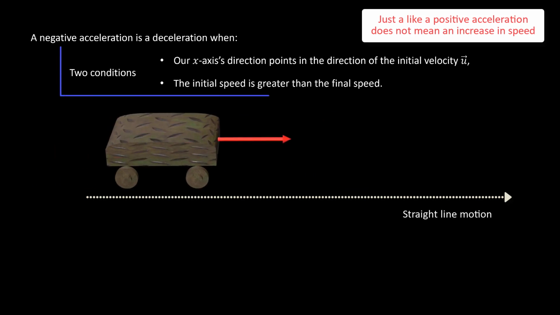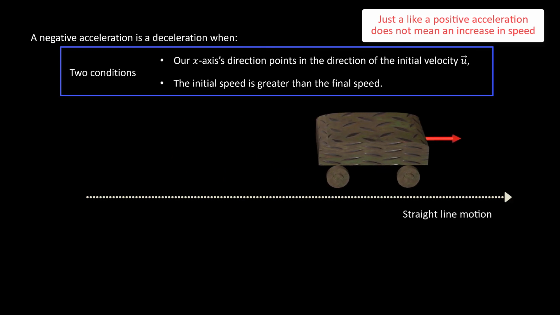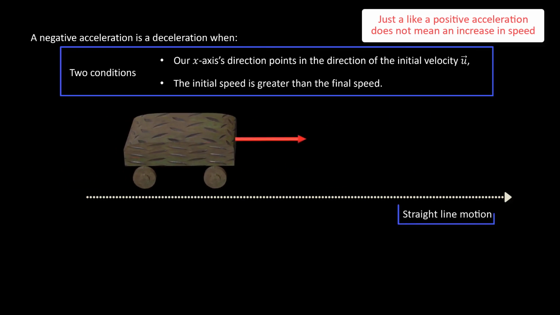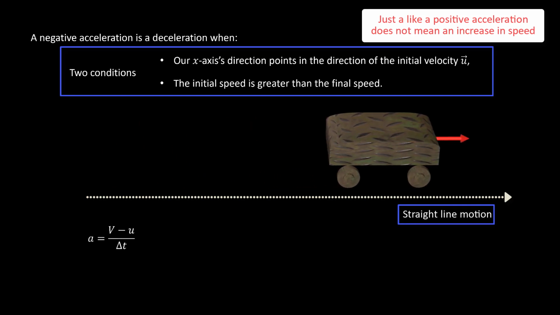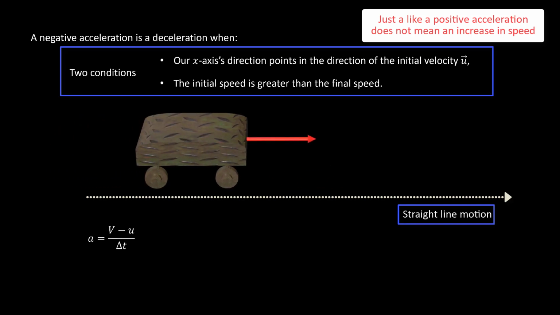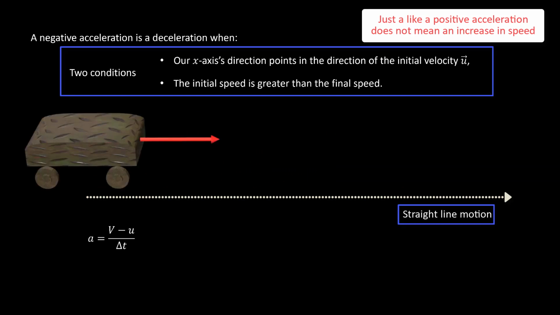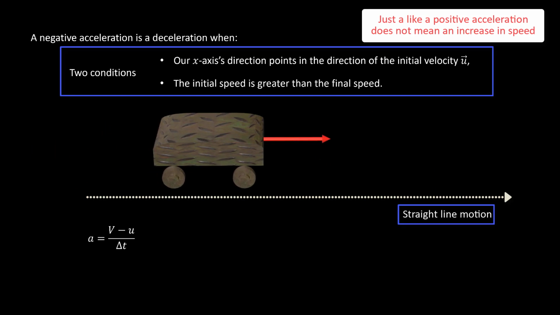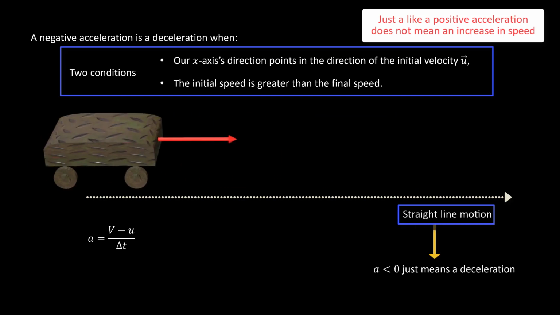These two conditions will always be met for a body moving in a straight line. This is why they write the equation a equals v minus u divided by delta t without even mentioning these conditions, and then interpret a negative acceleration to be just a deceleration.